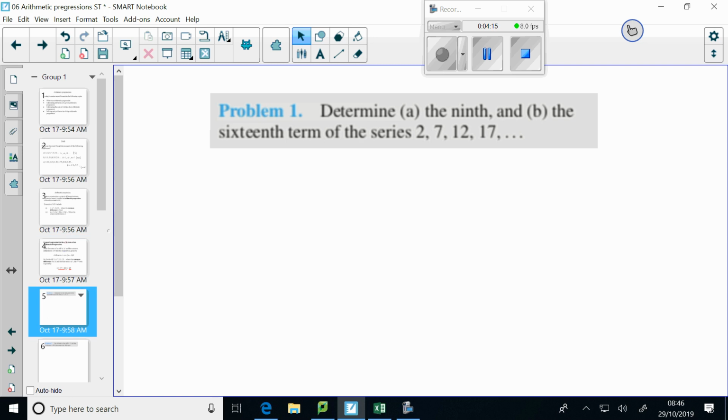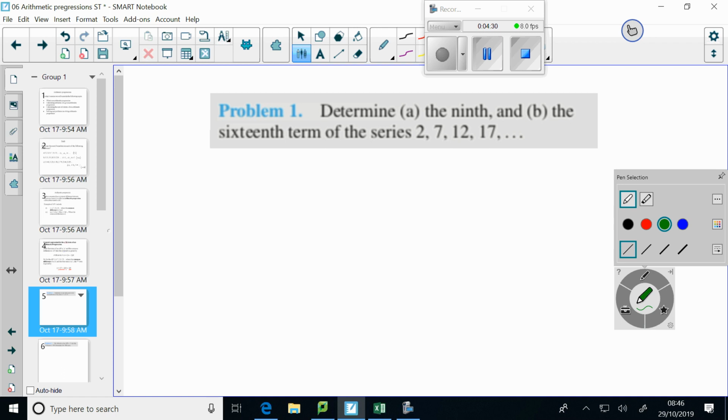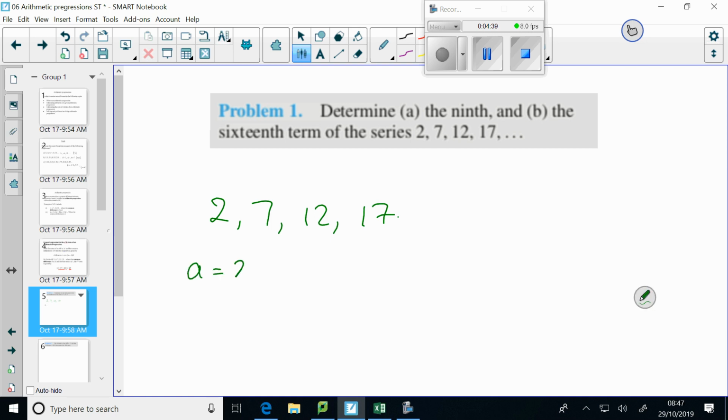Determine the ninth and the 16th terms of the series 2, 7, 12, 17. So we've got 2, 7, 12, 17. So A is equal to 2. The common difference is equal to 5. Yeah.